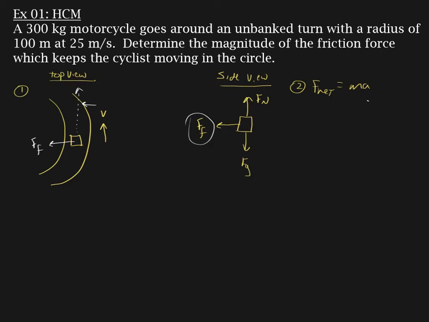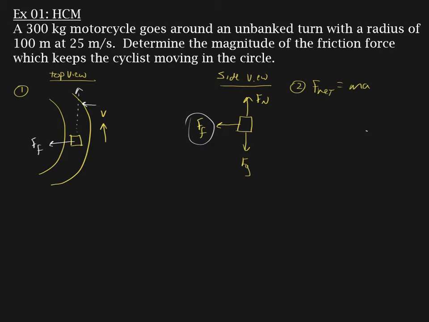When we write F net equals MA, we have to identify which dimension this is for. Now, in all the stuff we've done up to this point, we had the X dimension, the Y dimension, and the Z dimension. But normally we only refer to the X dimension or Y dimension.